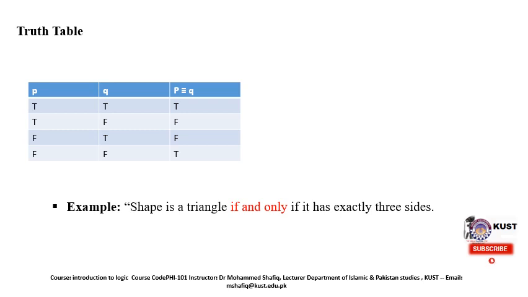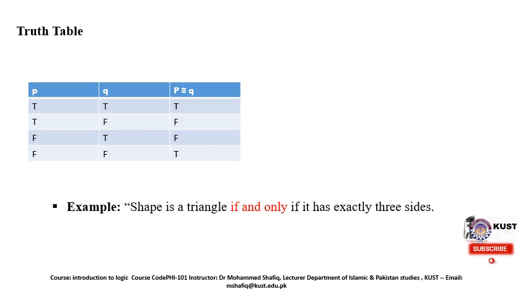In this column, if both antecedent and consequent, or both components of this statement, are true, then it is considered true, and if both are false, in that case also this is considered to be true.